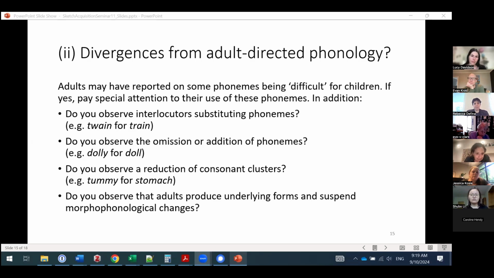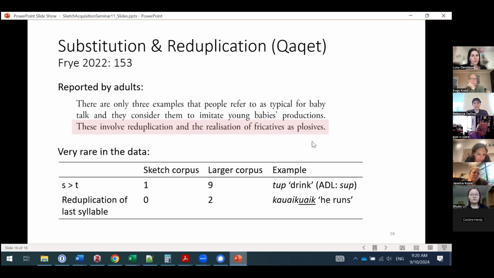It's also possible that adults might produce more underlying forms and suspend morphophonological changes. And so this was noted in the Carquette corpus and also in previous work by Fry.